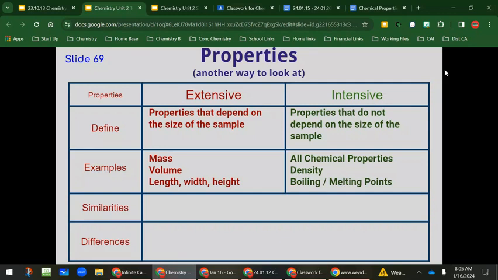The fact that its density doesn't change no matter how much of it there is helps us to identify or use that to determine what a substance is. It is not that extensive properties are not useful, they're just not as useful in identifying things as intensive. By the way, every chemical property is intensive. Every single one of them.